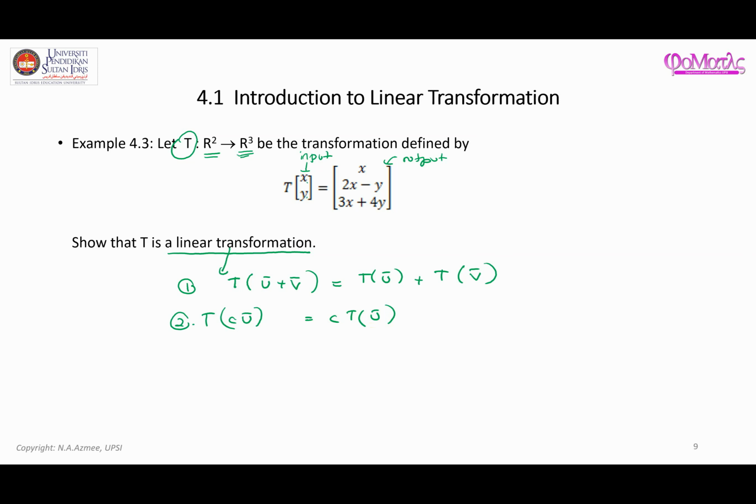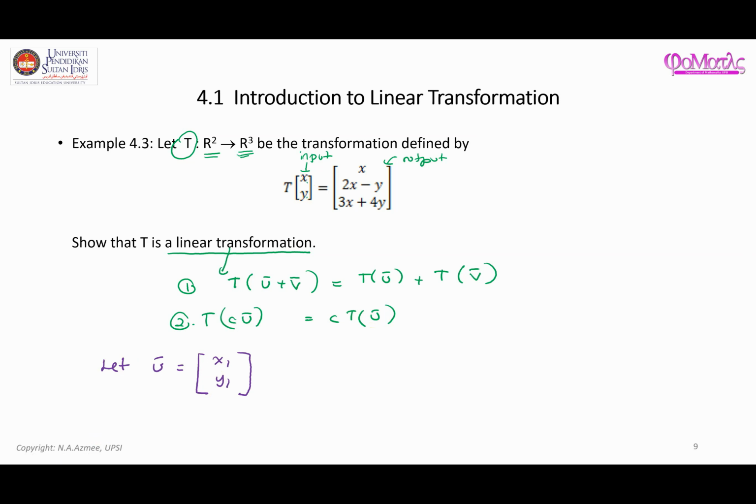All right, for that reason we're going to create these two vectors u and v, and I'm going to let vector u be represented with x1, y1. I'm just following this notation.